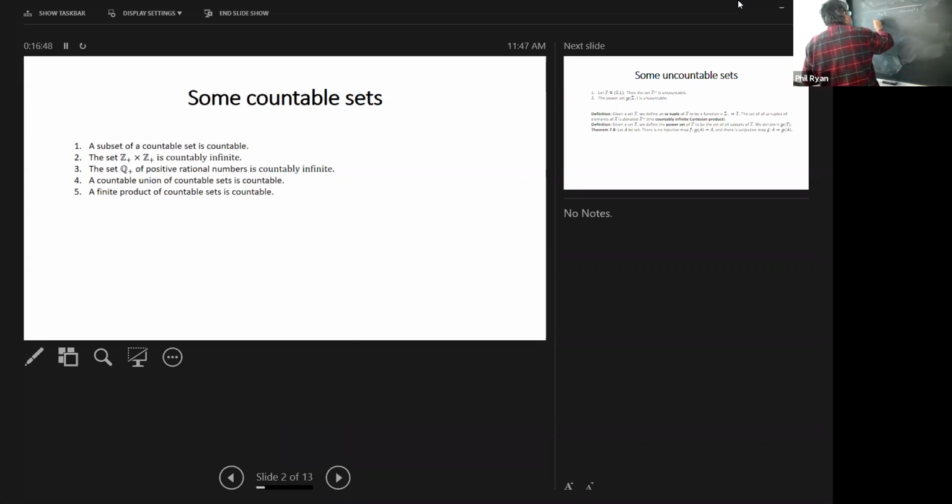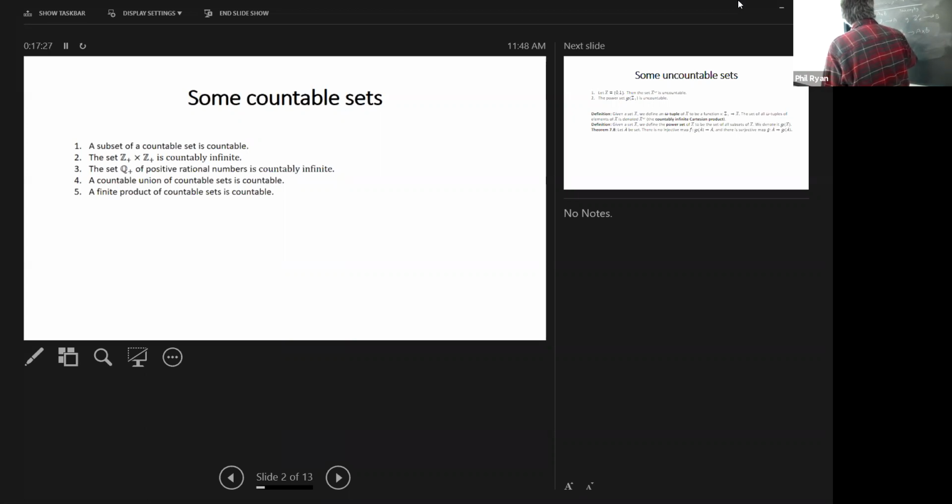So we get a surjective map onto A and a surjective map onto B. And so if we glue them together, we get a surjective map from Z plus cross Z plus to A cross B just by, well, what are we going to do?